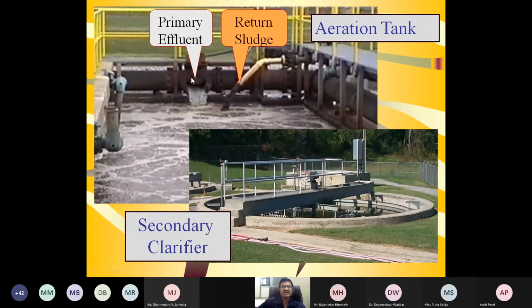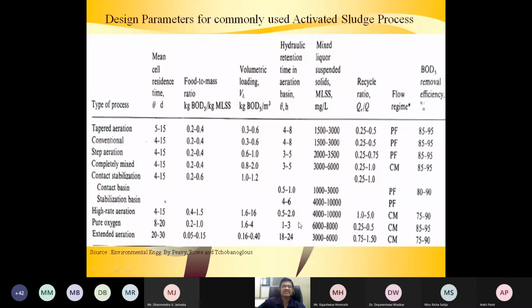You see, the primary effluent is coming from here, and the return sludge is coming here. You see, that is so dark due to the sludge, the biomass coming back into the system. In the aeration tank there are so many bubbles, and everything is in mixed condition, with primary effluent and return sludge.